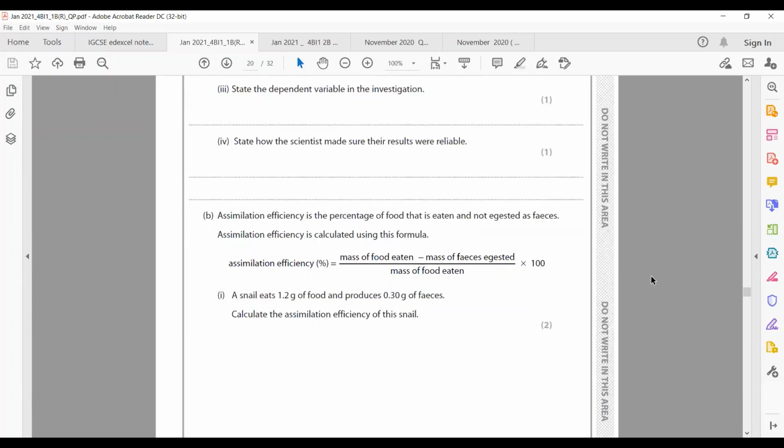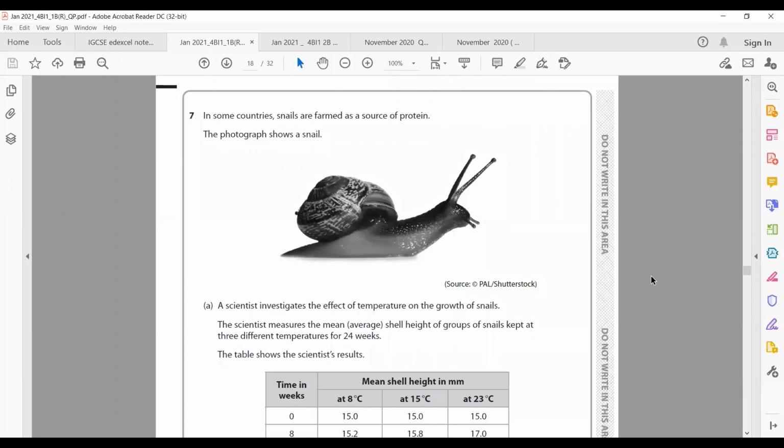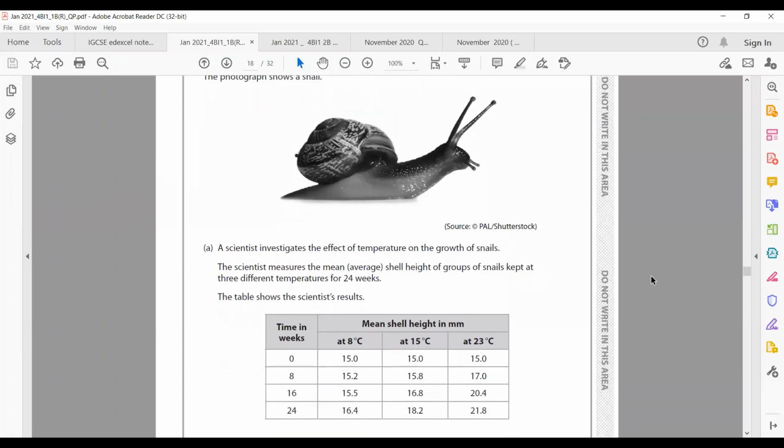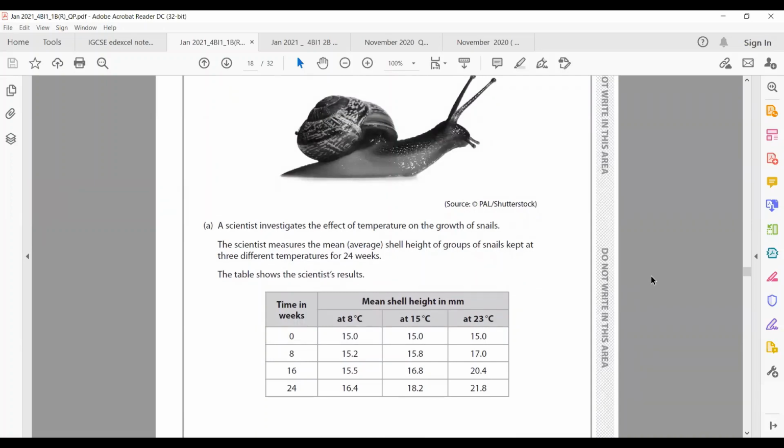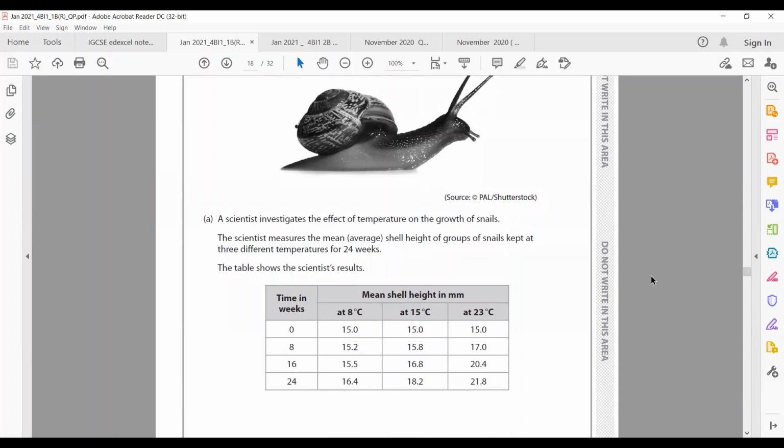State how the scientists made sure the results were reliable. Miss, can you say that?